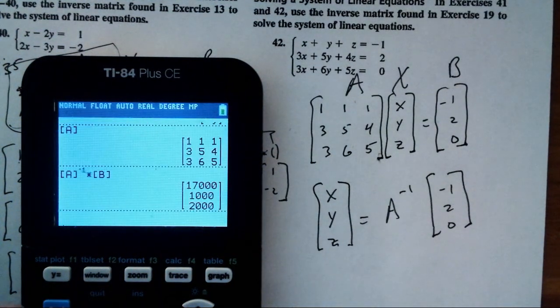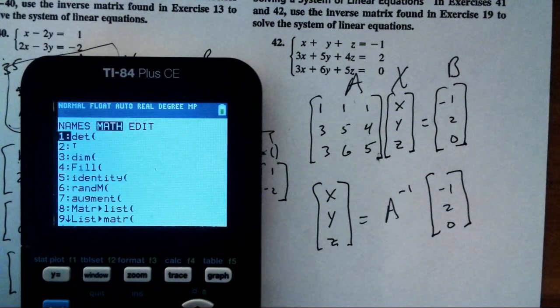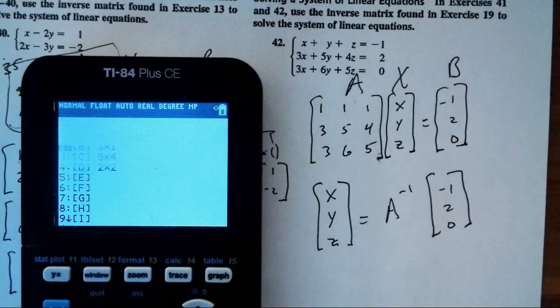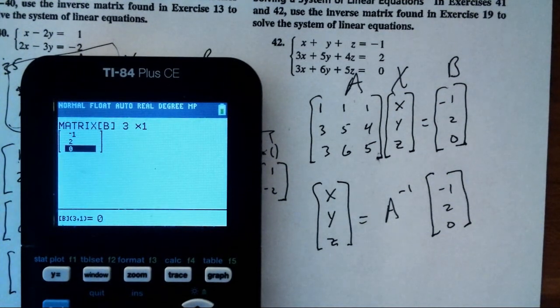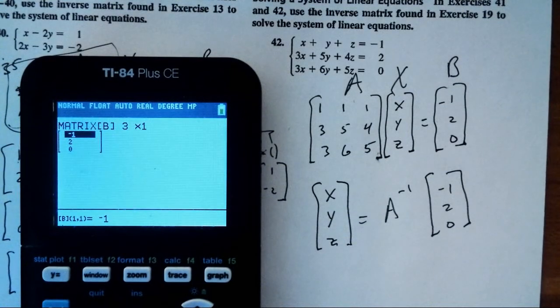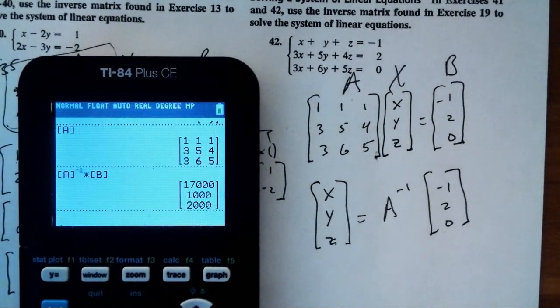Second quit. Second matrix. Let's edit B, which that's already for me set up as a 3 by 1. That's good. 3 by 1, but the values aren't good. -1, 2, and 0. And second quit.